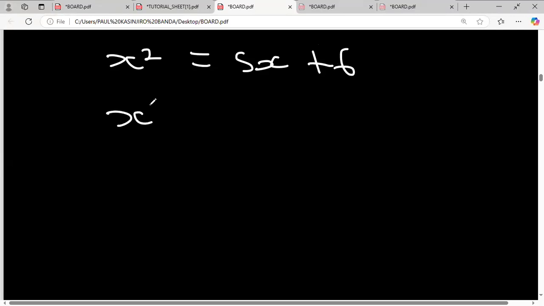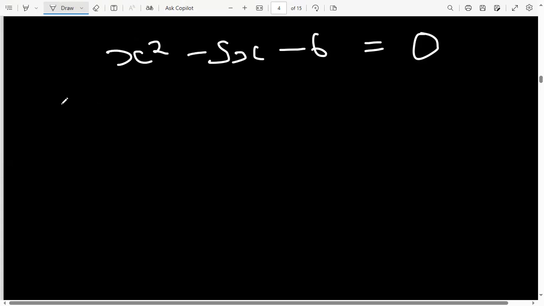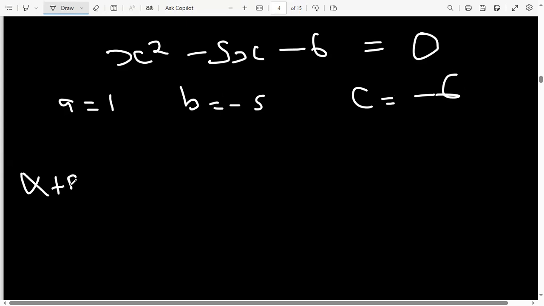So let's take everything to the same side. This will be x squared minus 5x minus 6 is equal to 0. And then we know that from this quadratic equation, we can get our a, which is 1. We can get our b, which is minus 5. And we can get our c, which is minus 6. Now we find the value of alpha plus beta, which will be equal to minus b over a.